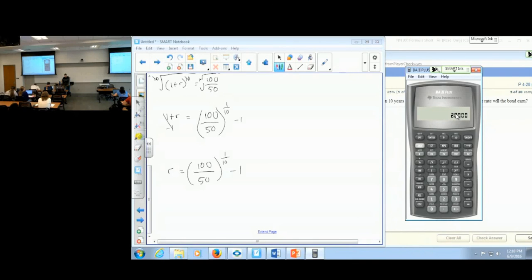Well, once I've got that division done, I'm going to type y to the x, and then I'm going to open parentheses and do 1 divided by 10, close parentheses. I can do that division and then type equals.